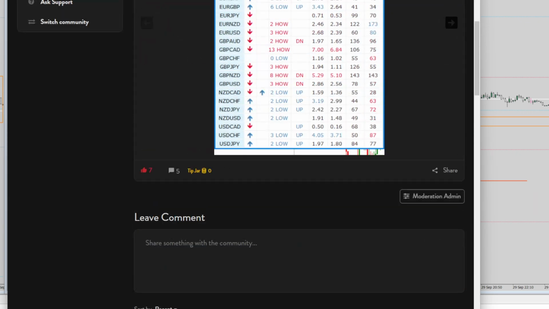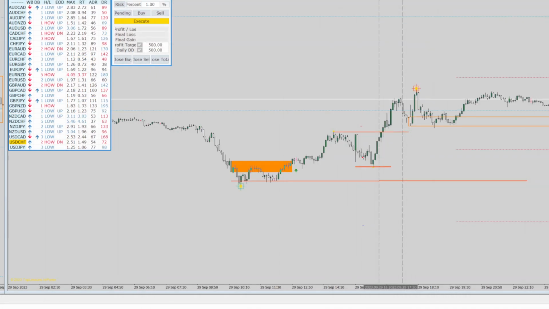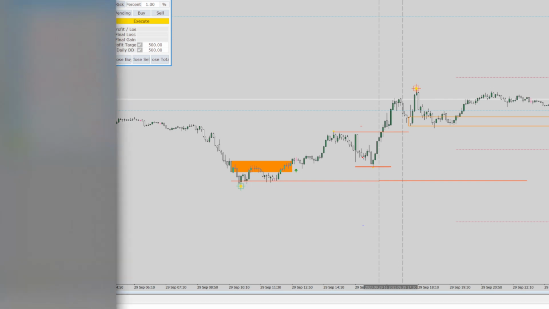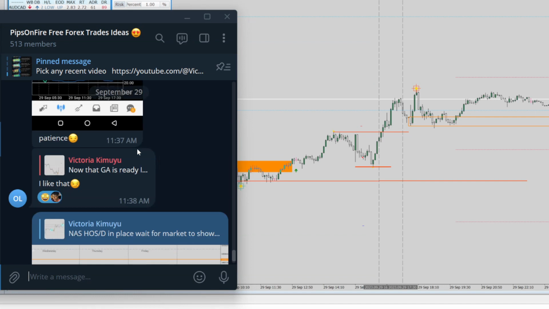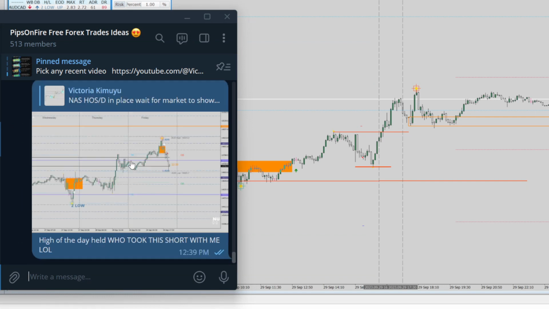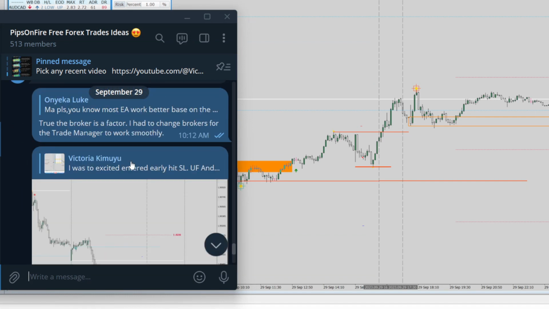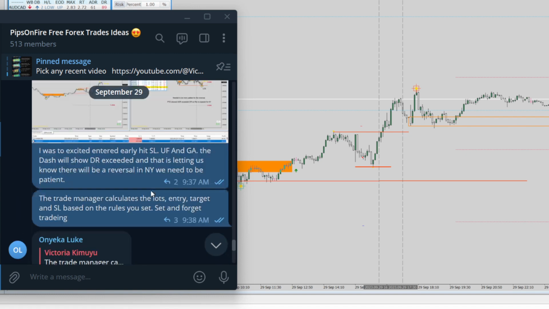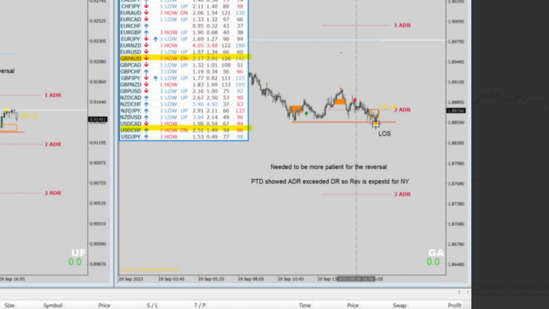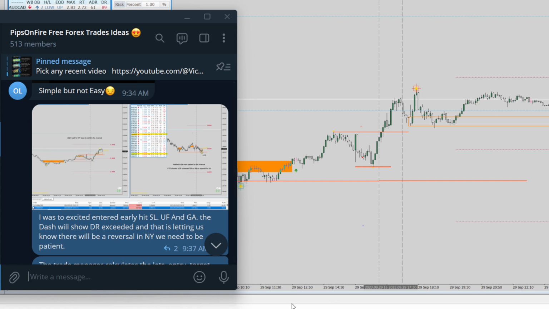All right. So now let me get to where it hit the stop loss so that you can see exactly what I'm talking about. All right. So I posted that one. It's so funny. Here's GA. So I'm going to tell you guys something real quick. All right, here we go. Here's where it hit. You know what?